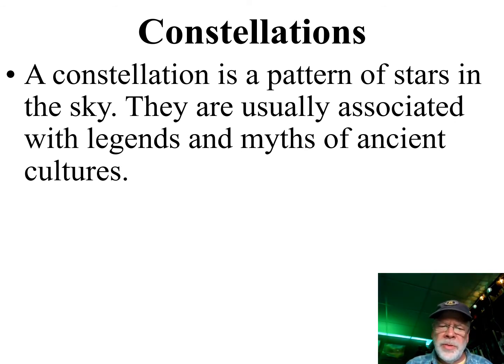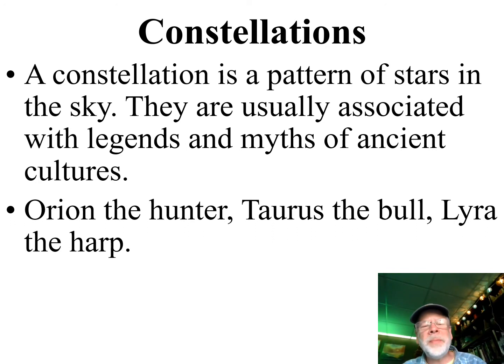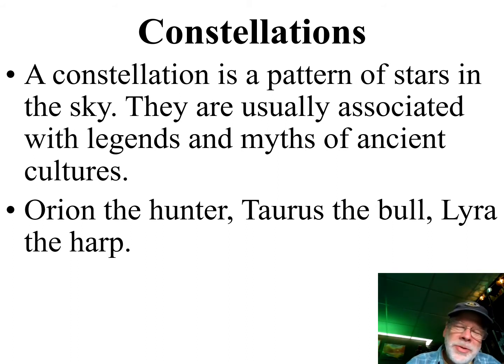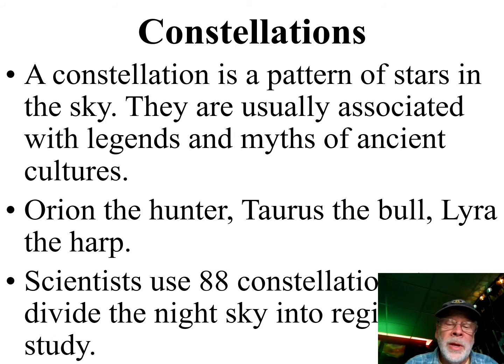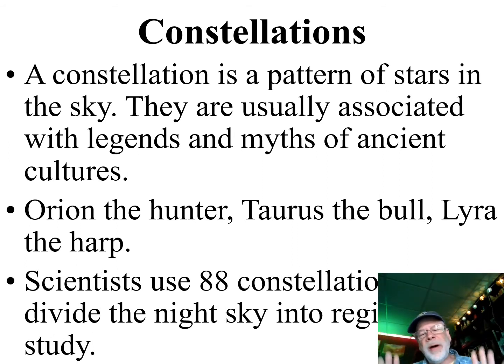But of course, the stars in the sky, they're far away from us. They have nothing to do with us. So some of the constellations that are well known are Orion the Hunter, Taurus the Bull, Lyra the Harp. They just seem like shapes in the sky, so we make up stories to go with them. The reason we use constellations is just that it's a map. We can divide up the sky.